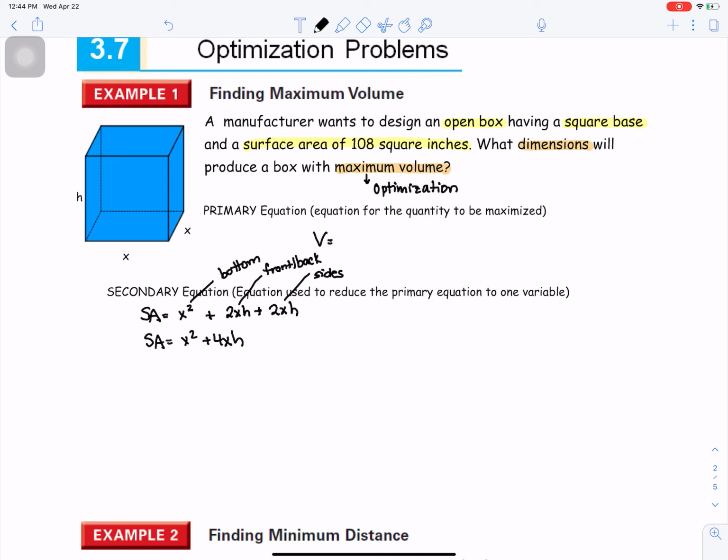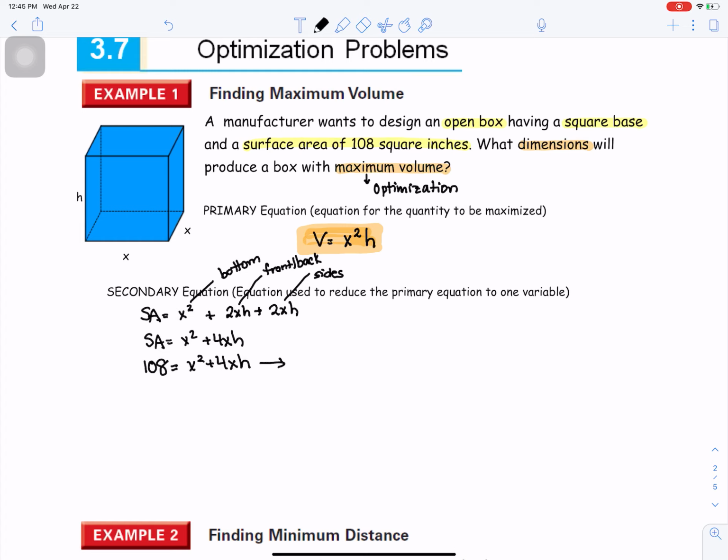My volume is length times width times height, whatever the three dimensions multiplied together. So I'm going to get x squared times h. Now you're going to notice that the one we're trying to maximize has two variables there, and we needed to have one independent variable. So we're going to use our surface area equation to get this down to one independent variable.